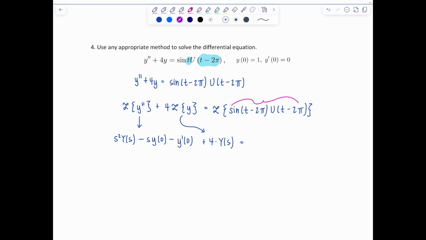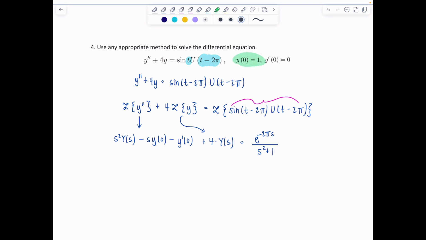So we'll have e to the negative 2 pi s over s squared plus 1. Good? Okay, so it's always e to the negative cs. In this case, c is 2 pi. And then you do your normal Laplace transform of sine t, which is just 1 over s squared plus 1. All right, let's substitute in our initial conditions now.